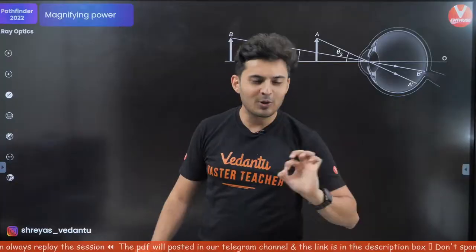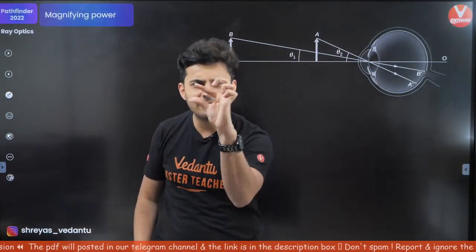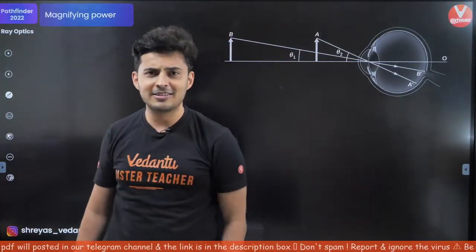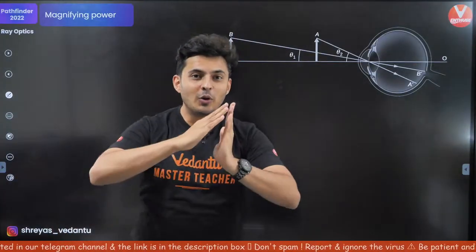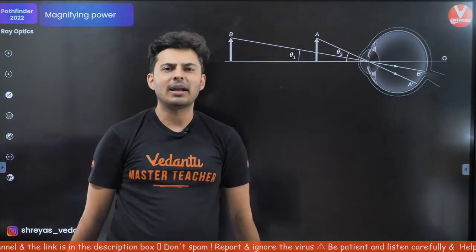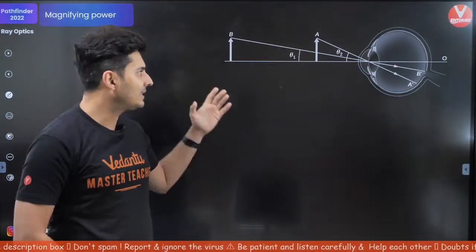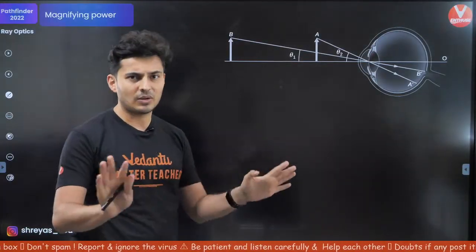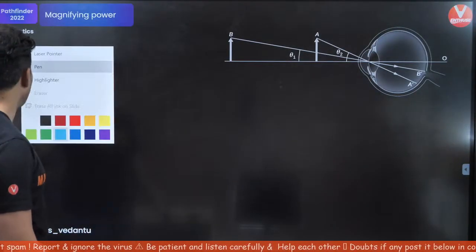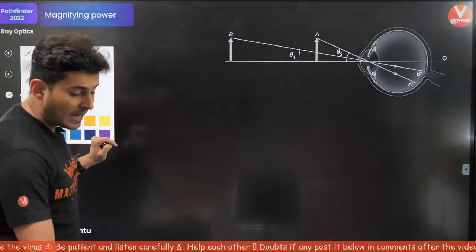All these microorganisms or planets are going to subtend very small angles. Do you guys agree with this? Yep. So you want to increase the apparent angle subtended on your eye. That's the whole purpose of a device like a microscope or telescope. That's all. Now, it so happens that we define this magnifying power.